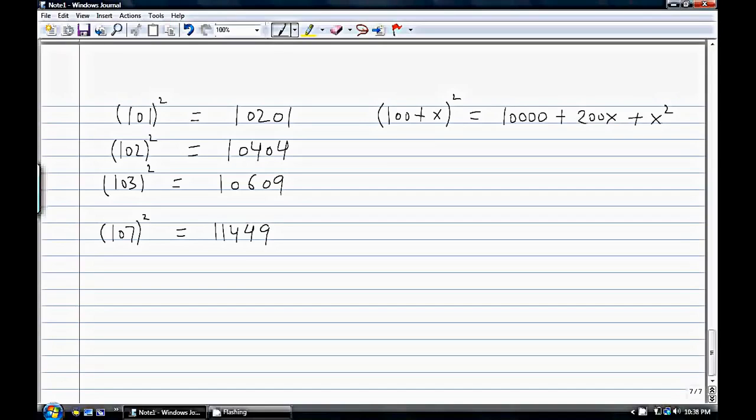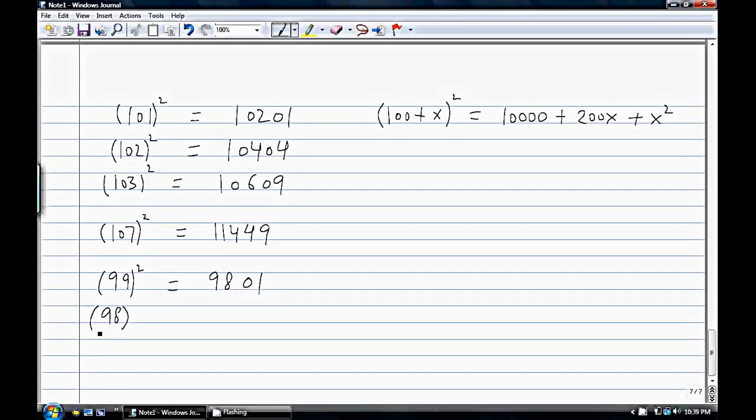So if I use the same formula to square the numbers which are below 100, instead of writing x, I have to use minus x. So suppose I am squaring 99, then 1 times 2 is 2, so I will subtract 2 from 100, that will be 98, and then take the square of 1, that is 9801.